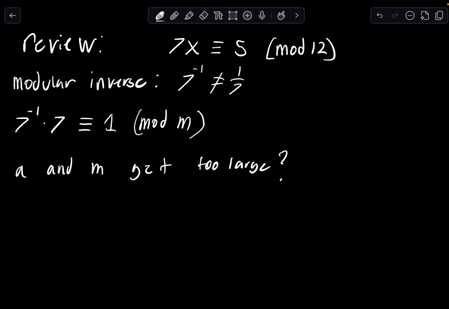Because at a certain point, these numbers could become so large that guessing and checking would take way too long. Well, luckily, there is an easier, quicker method, which we call the extended Euclidean algorithm.